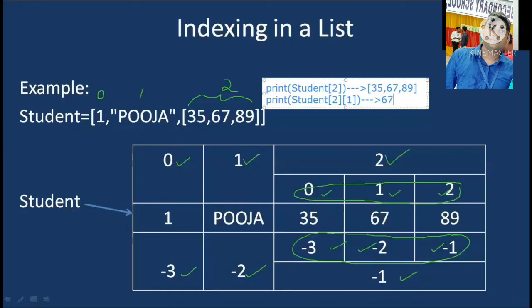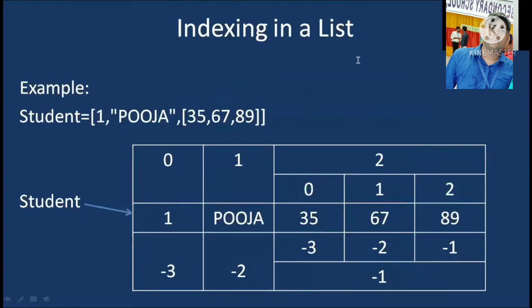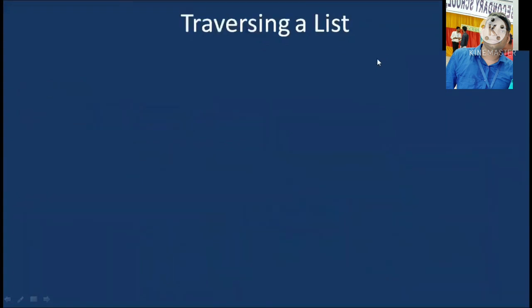I could also have used -2. So when you have a nested list, to access it we use 2 square brackets. The first square bracket is the outer indexing and the second is the inner indexing. Clear? Okay.